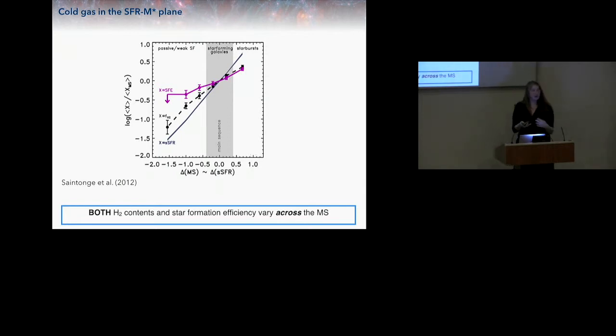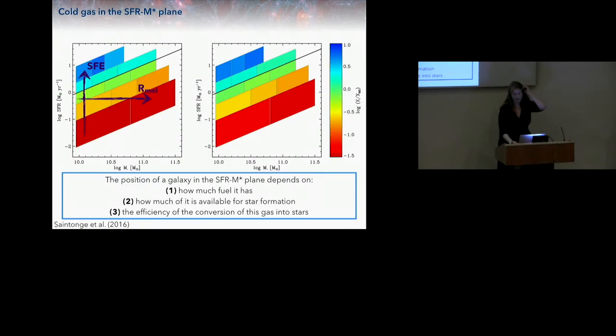But in addition, they are more efficient at converting their gas into stars. And it's roughly an equal contribution of the two effects. And as you go the other way, you find the opposite. Our passive, not star-forming elliptical galaxies are very gas-poor, so that's part of the problem. But on top of it, the poor things, they're less efficient at converting that gas into stars.